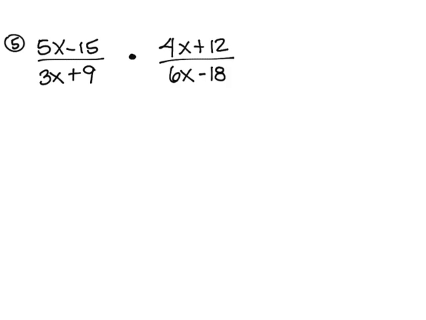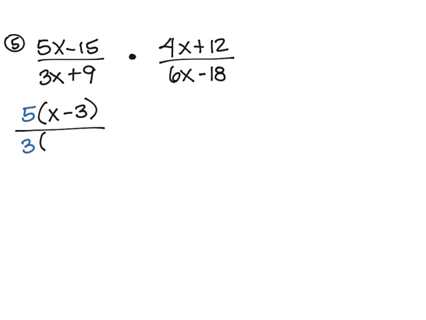But you could have GCF, difference of squares. I don't want you to think they have to match. All right? So, on the top of the first fraction, what's the GCF? 5. So if you take it off, we're left with x minus 3. Good. On the bottom, what's the GCF? 3.